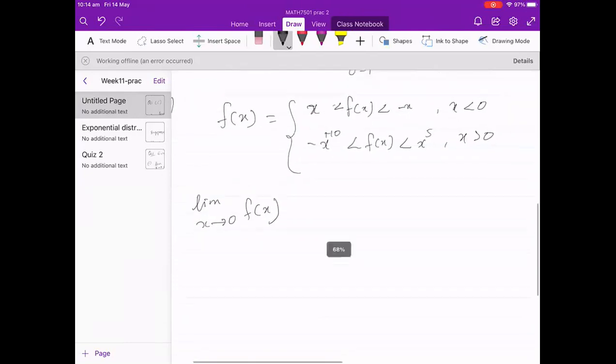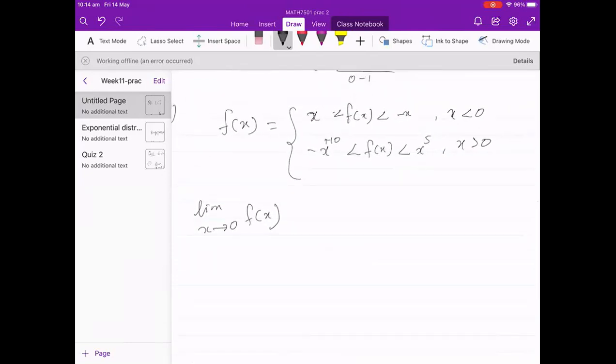In this case, if x is negative, so the limit from the left, you have f(x) between x and minus x.